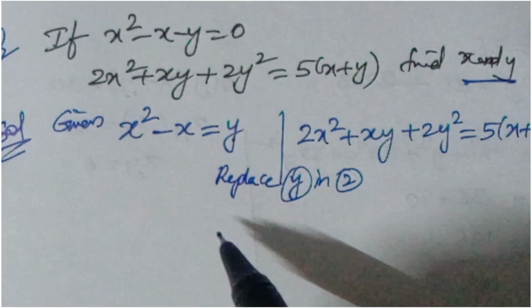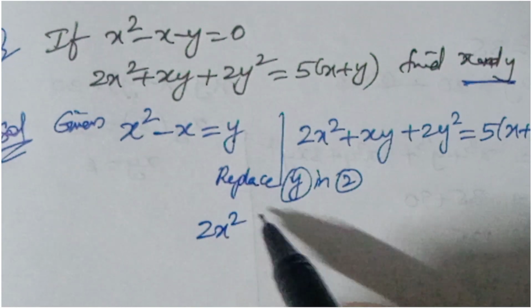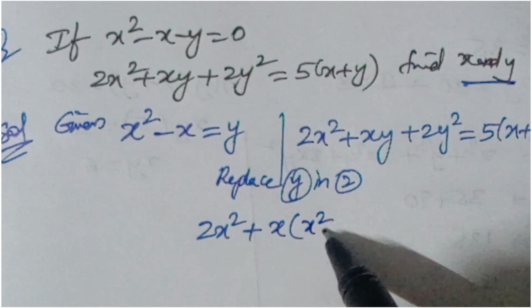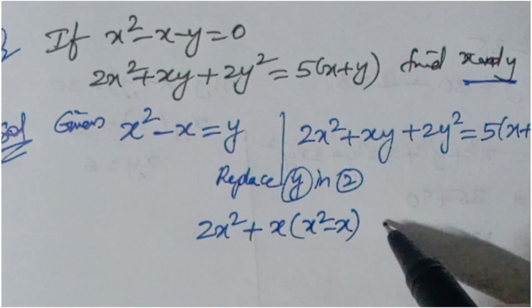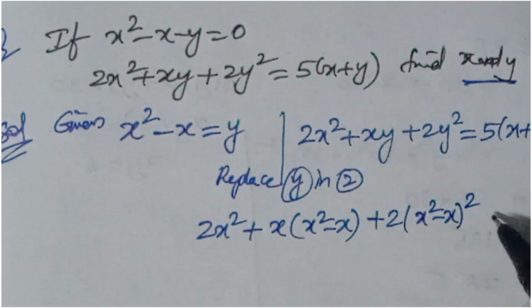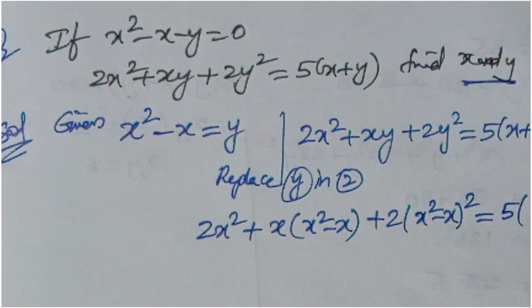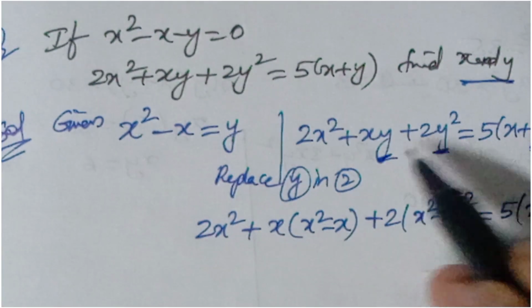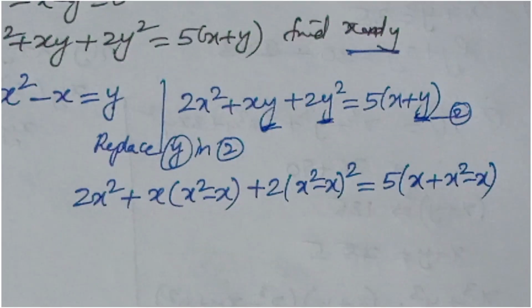So 2x square plus x into (x square minus x) plus 2 into (x square minus x) whole square, equal to 5 into (x plus x square minus x). So wherever y is there, it is replaced with x square minus x.